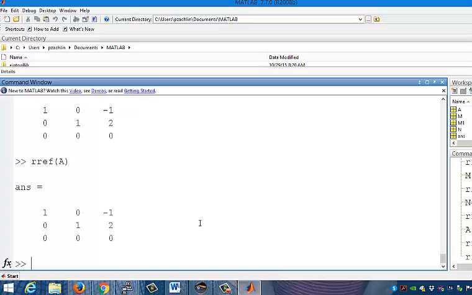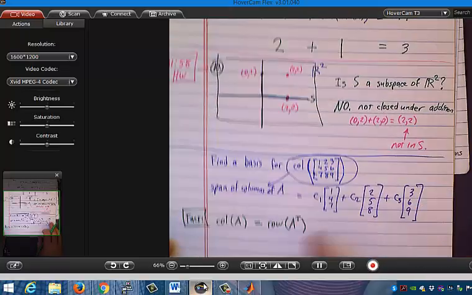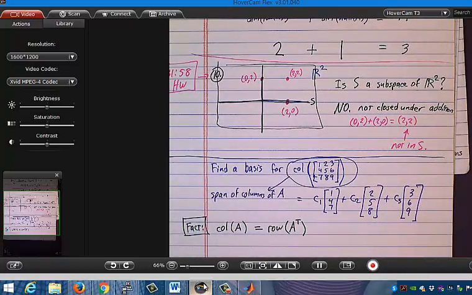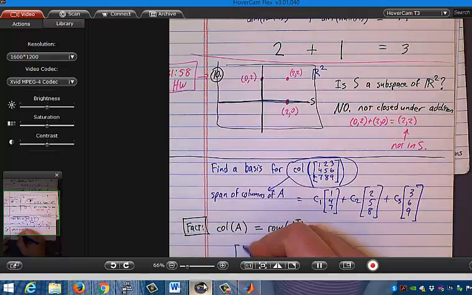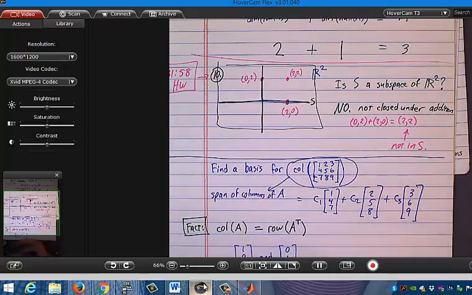Well, I guess what I could do is I could find a basis for the row space of A transpose, and so I could use 1, 0, negative 1 and 0, 1, 2. So that's interesting.